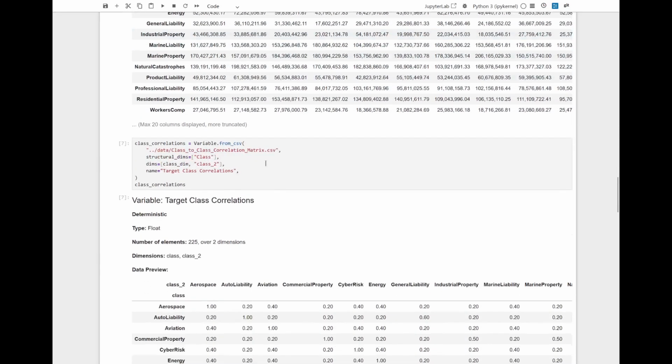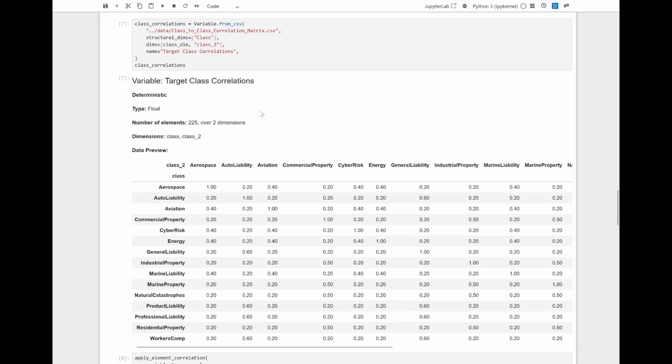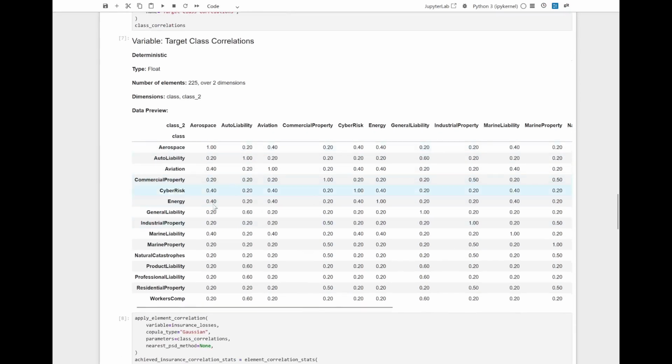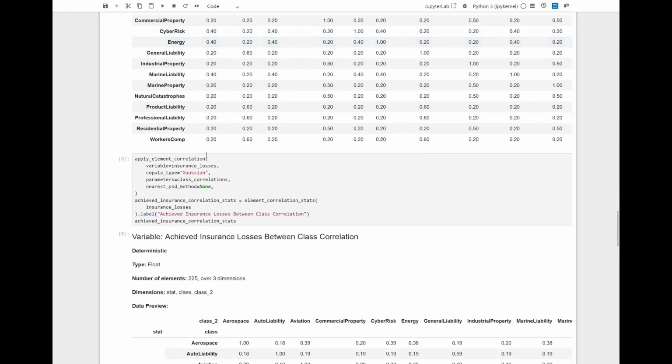So we're going to need some new correlation assumptions. So we're going to bring in from a CSV file some class-to-class correlation assumptions, and this is what they look like. So these are the target class-to-class correlation assumptions. Again, we've got a mixture of 40%, 20%, 50% between our various classes. And we're going to apply these to the insurance risk losses.